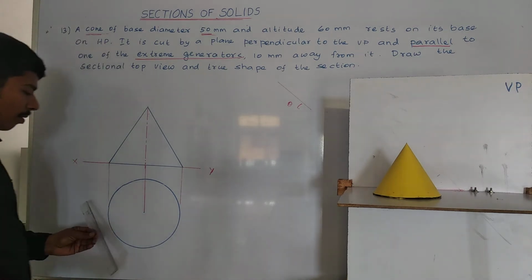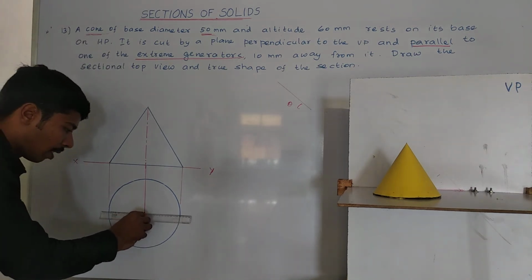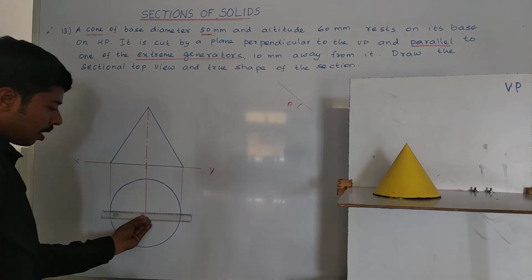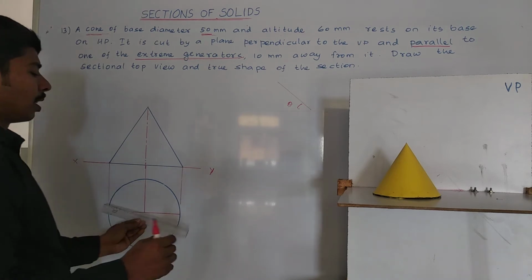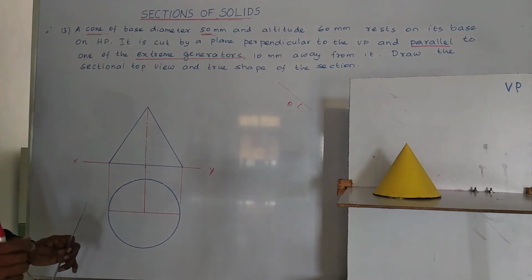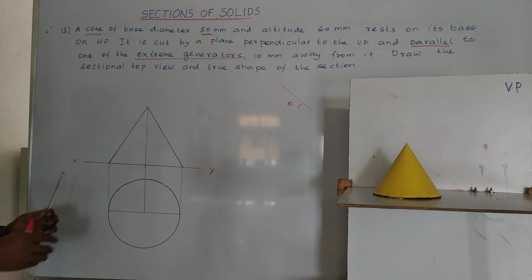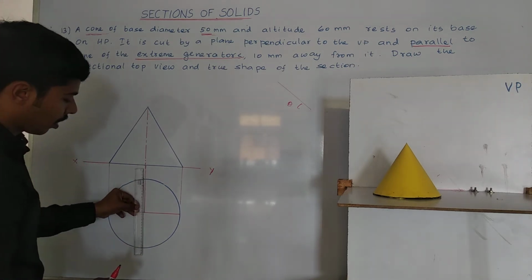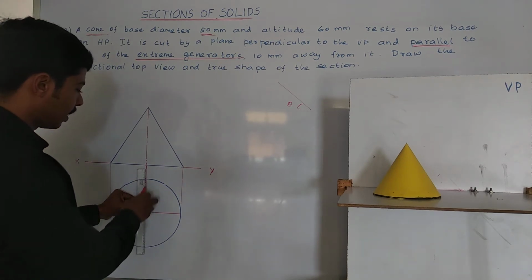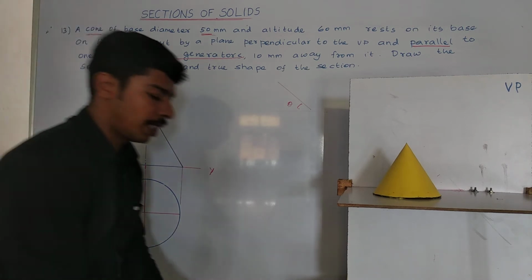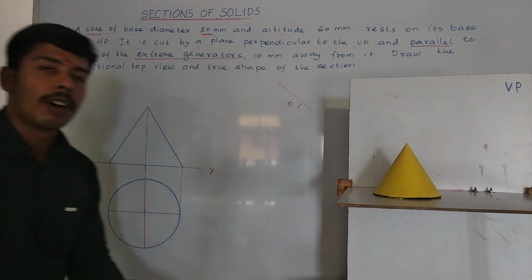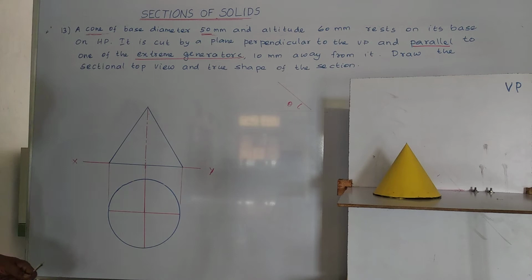I draw one horizontal line, and all the lines in light, narrow lines, because these edges are not actually available in the solid. For drawing purposes, we are creating 12 edges, 12 points.